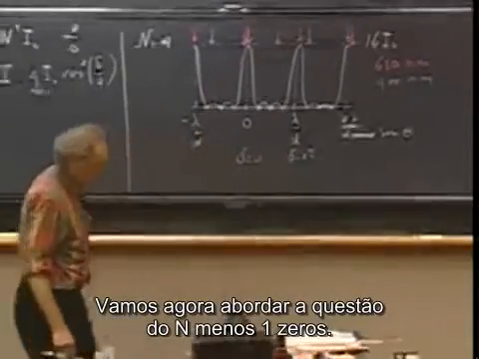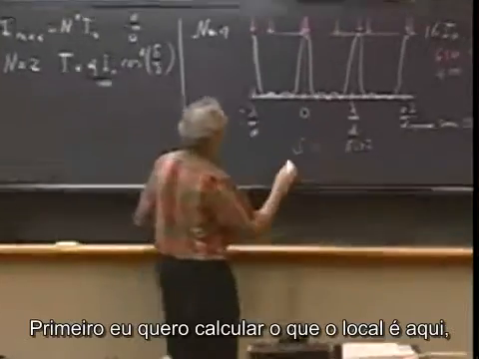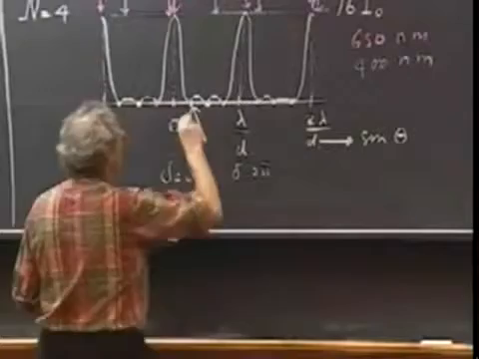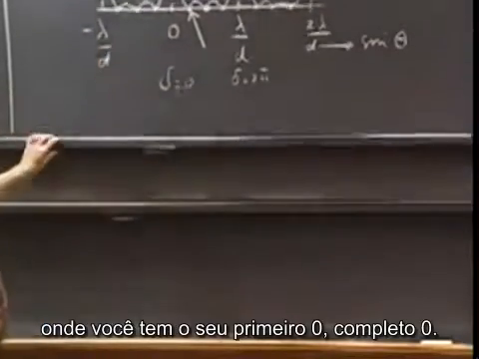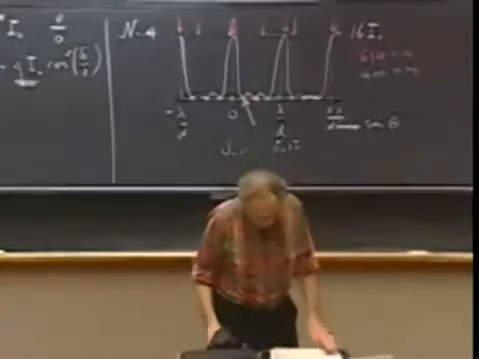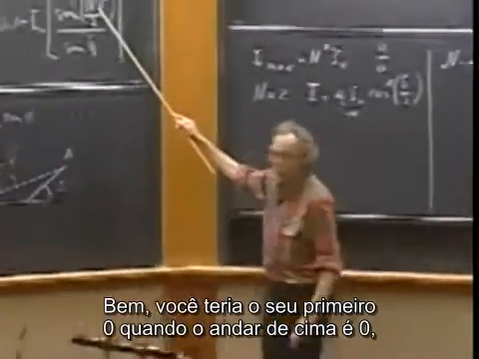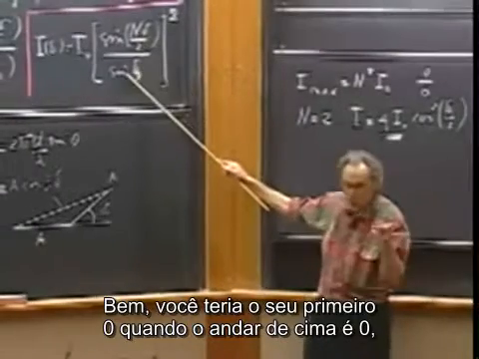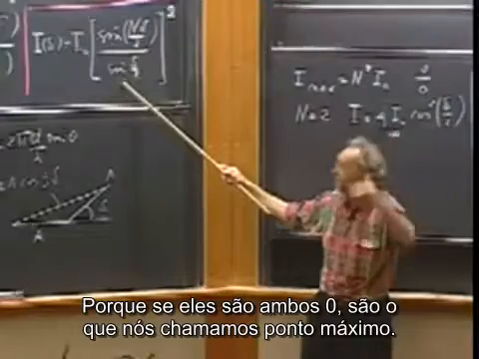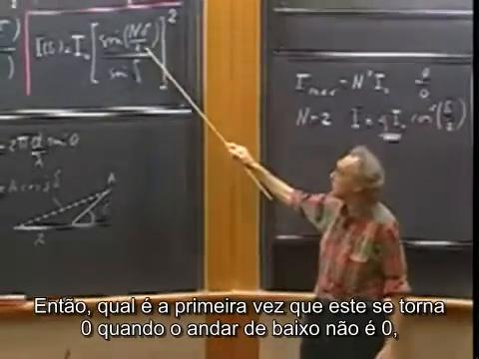Let's now address the issue of the n-1 zeros. I first want to calculate what the location is here where you have your first complete 0. Well, you would have your first 0 when the upstairs is 0, but the downstairs is not 0. Because if they're both 0, you are at what we call a prime maximum. So what is the first time that this one becomes 0 when the downstairs is not 0?